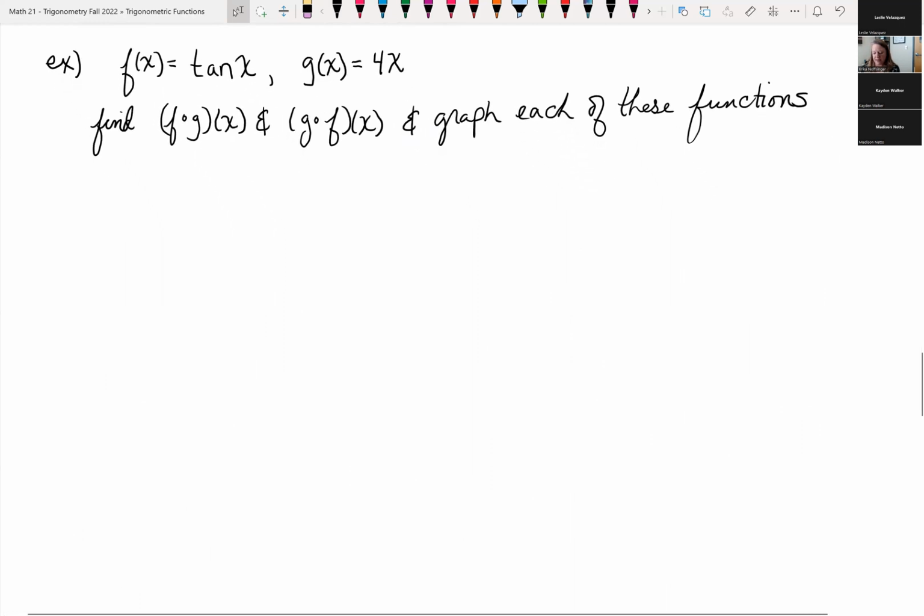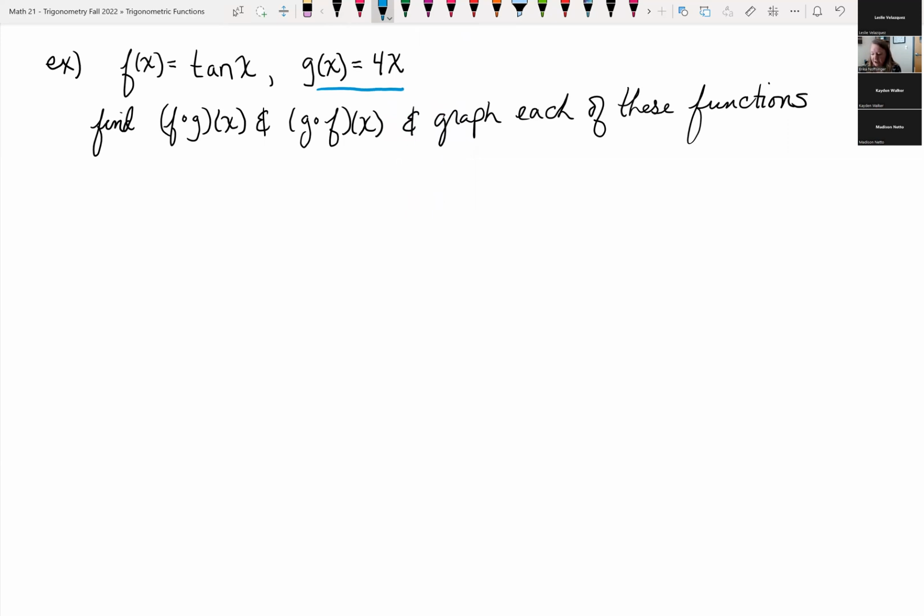And so here we're given that f of x is equal to tangent of x and g of x is equal to 4x. We want to find f of g of x and g of f of x, and then we want to graph each of these functions. And so let's look first at f of g of x. So our g of x function is 4x.